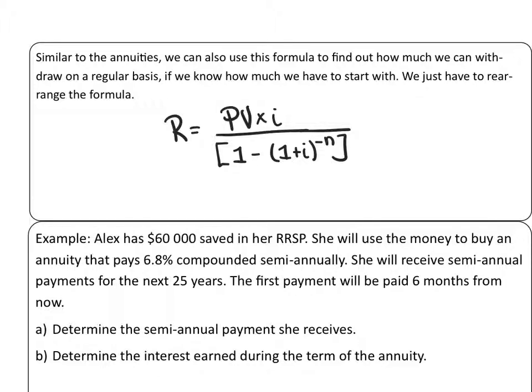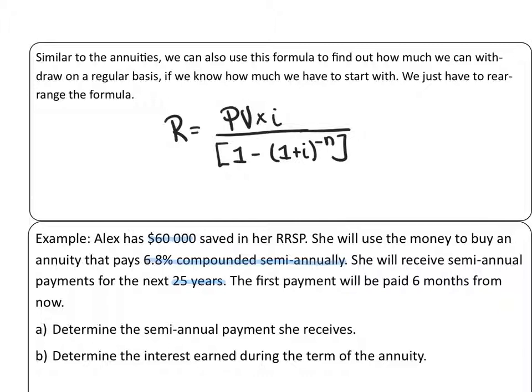Alex has $60,000 saved in her RRSP. She will use the money to buy an annuity that pays 6.8% compounded semi-annually. She will receive semi-annual payments for the next 25 years. Again, guys, highlight what you can. Compounded semi-annually, 25 years. The first payment will be paid 6 months from now.